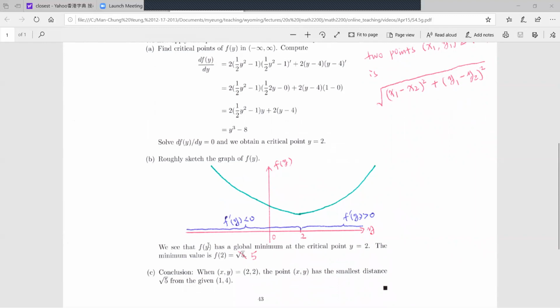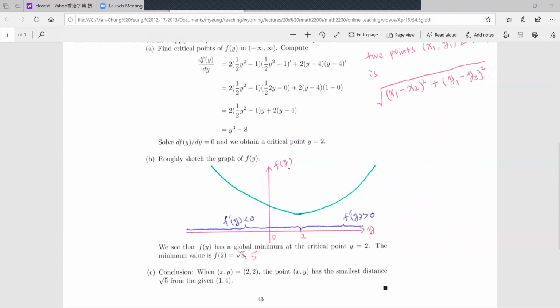From negative infinity to 2, over this interval, I arbitrarily pick a point, say 0. Plugging 0 into the derivative, I get a negative number. So over the interval negative infinity to 2, the derivative is everywhere less than 0.